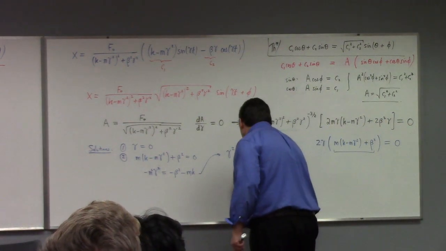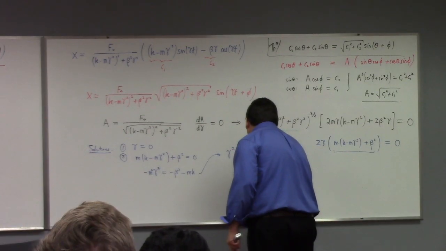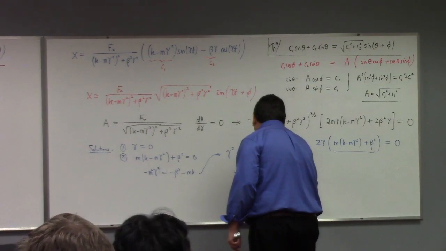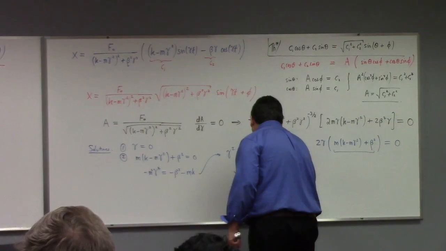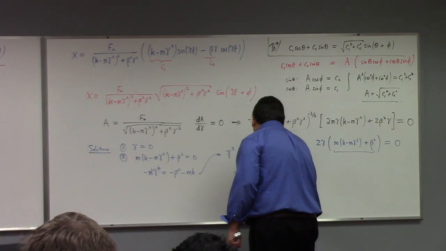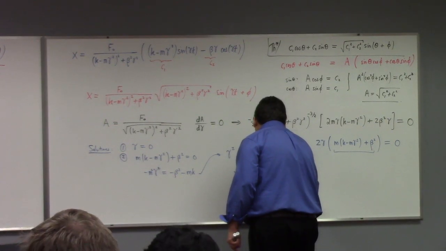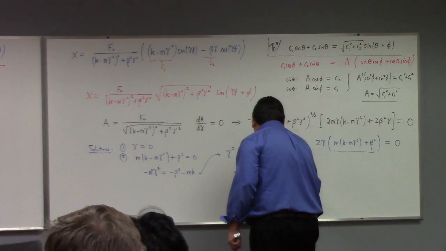So the critical frequency would be something like the square root of beta squared plus mk over m squared, if I haven't made a mistake somewhere.